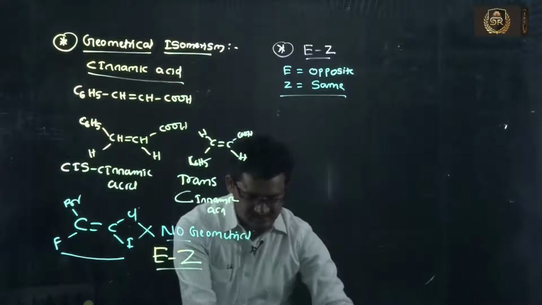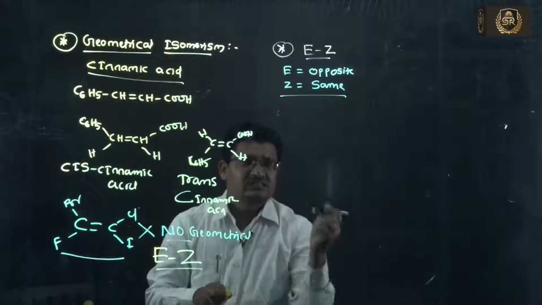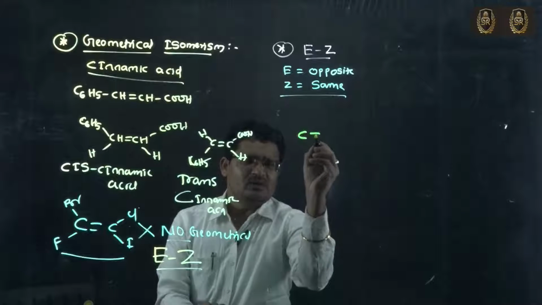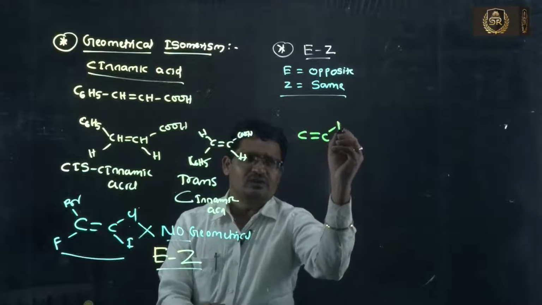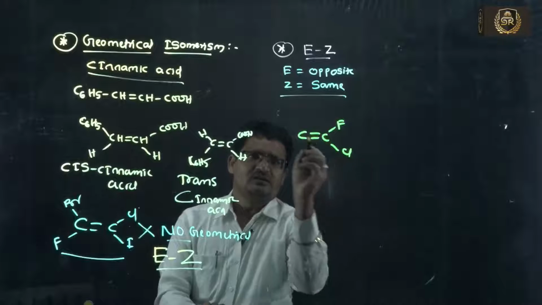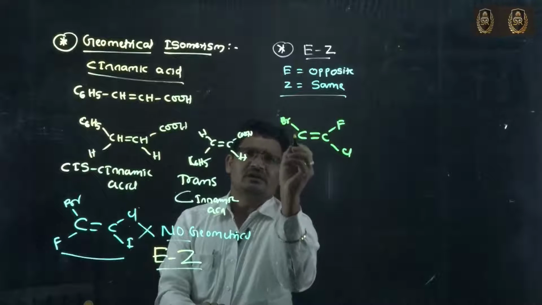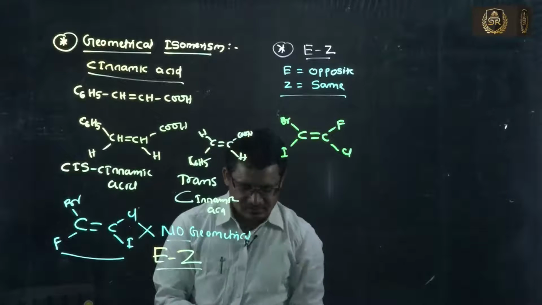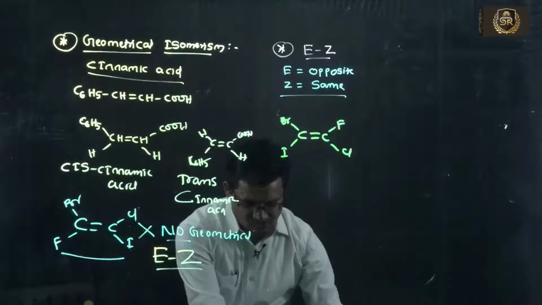Now what is the best example of EZ? Here C double bond C, with fluorine on this side, chlorine, bromine, and iodine. How do we identify this?